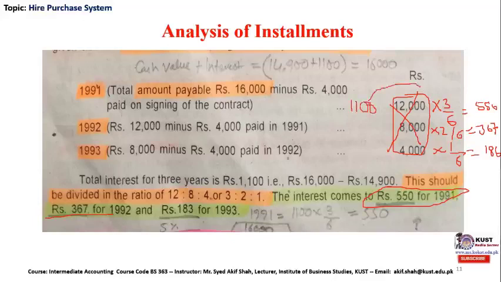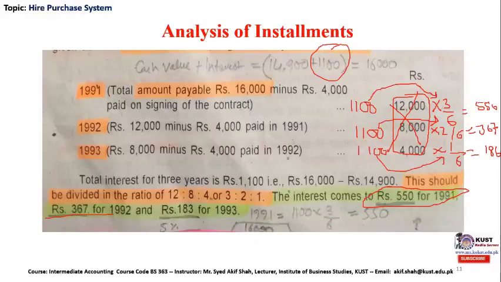These ratios will be applied on the total interest, not on the outstanding balance, because we are not calculating the profit, we are just allocating the interest amount due for each year. We multiply this 1100, the total amount of interest, because we are dividing this total interest rather than the principal amount outstanding.